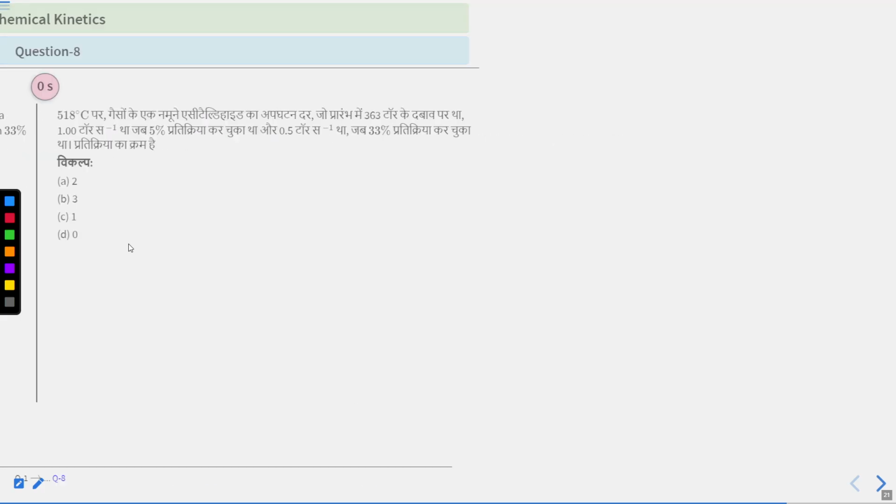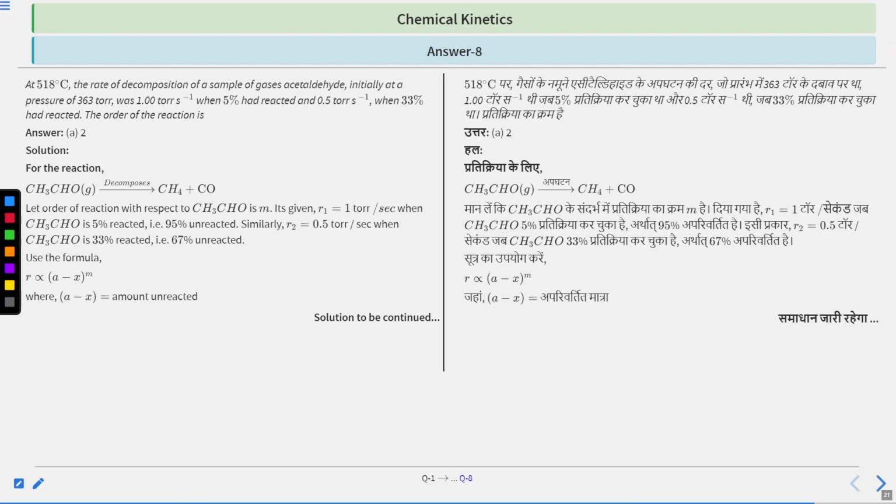Okay. Let's see the correct answer. The correct answer is option A, that is 2. So as per the given question, the reaction will be acetaldehyde decomposing to methane plus carbon monoxide. Now let the order of the reaction with respect to acetaldehyde be m.